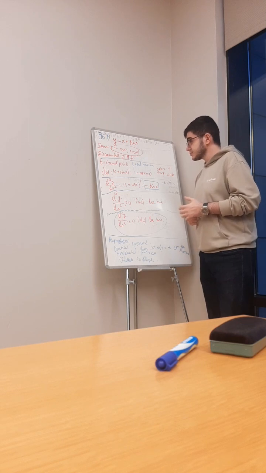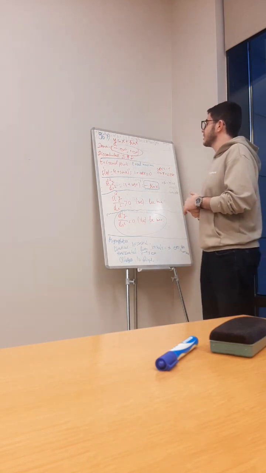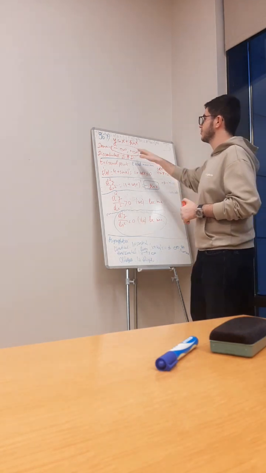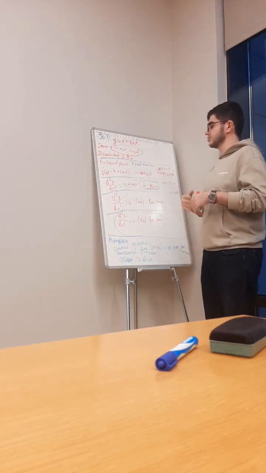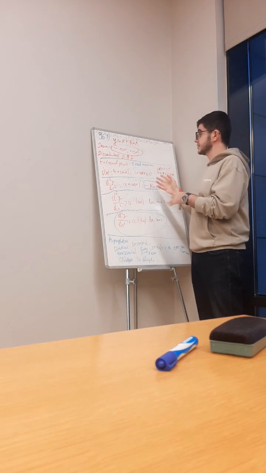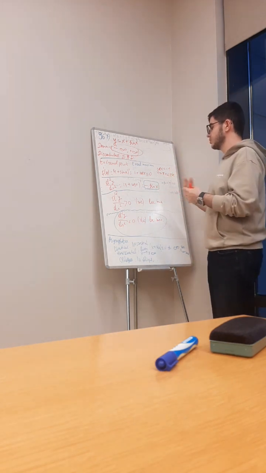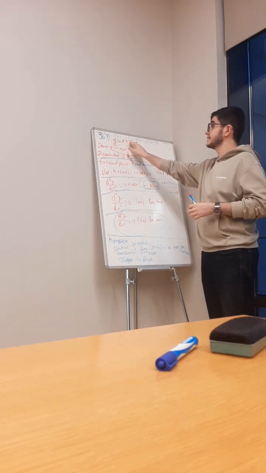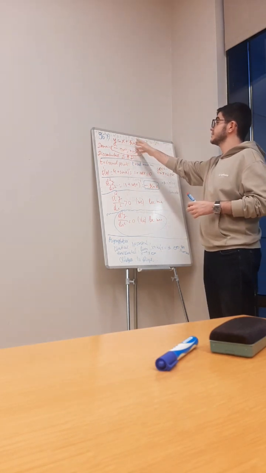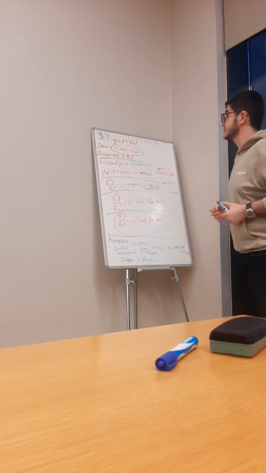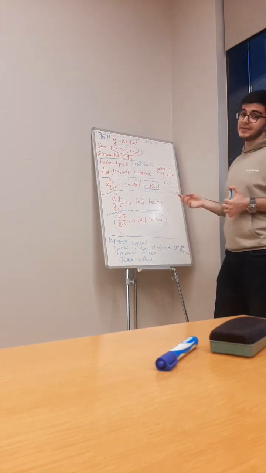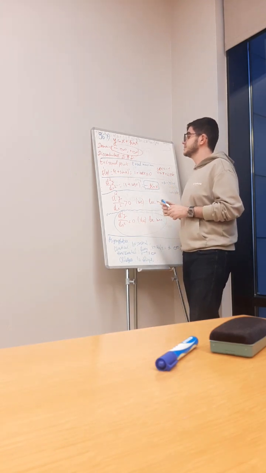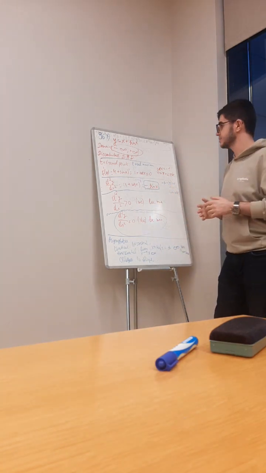Because here we have continuity, not discontinuities, because both functions are defined for all numbers. Therefore, the sum of these functions is defined for all numbers, so we have continuity, not discontinuities.